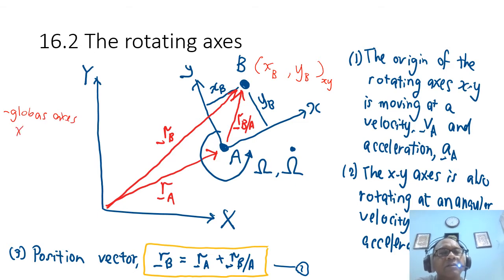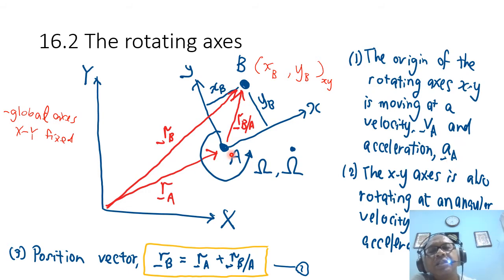What is moving? This is the global axis. The movement is for the rotating axis, which can move at a certain velocity. For example, the origin of the rotating axis xy can move, at a velocity vA and acceleration aA.